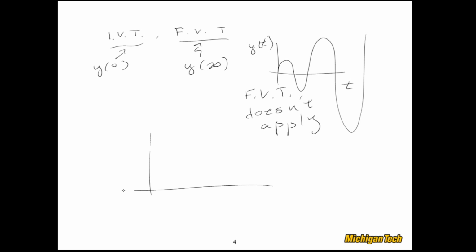So the final value theorem works great for systems that have this type of a response, a nice final value. And what it tells us is what that value is. Let's say it was 2. Okay, so let's go ahead and develop those two theorems.